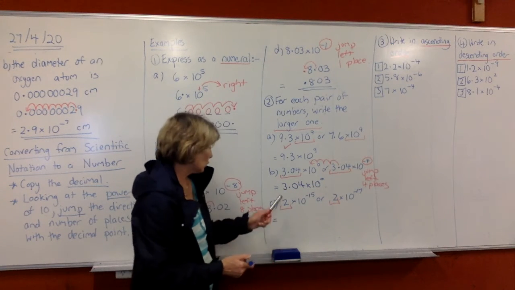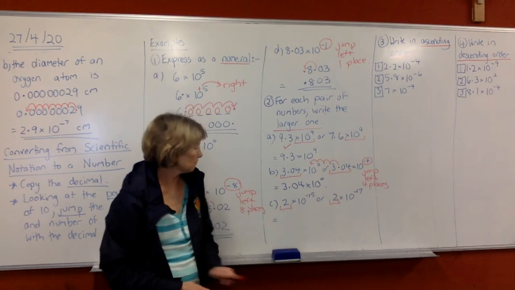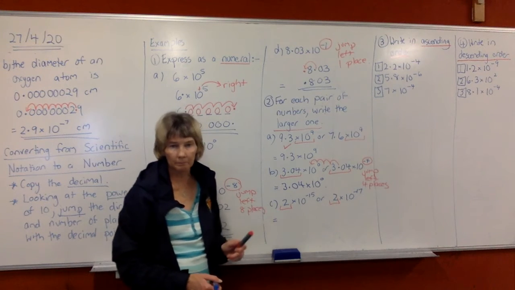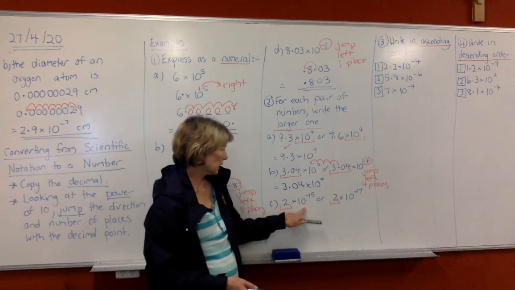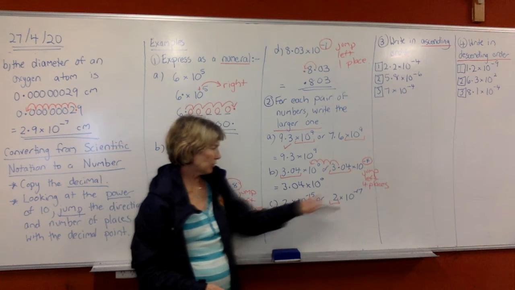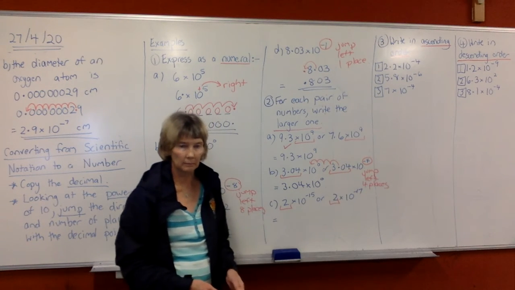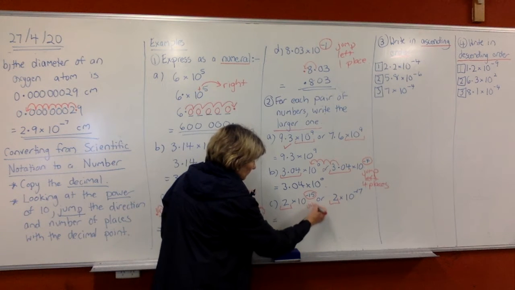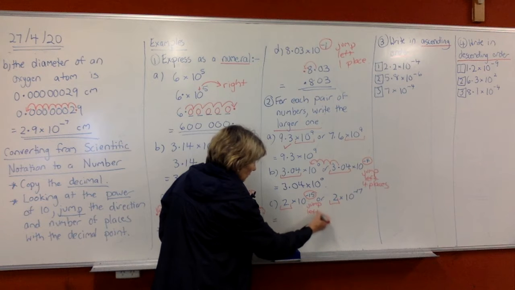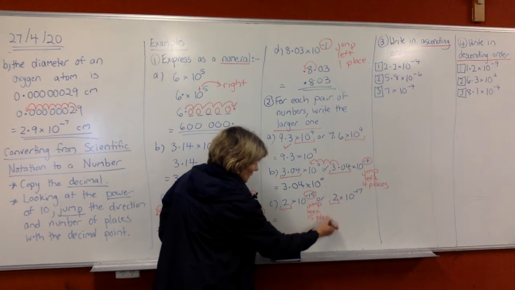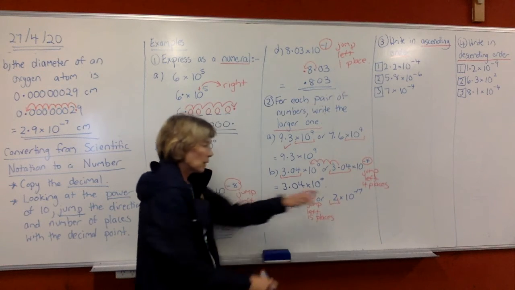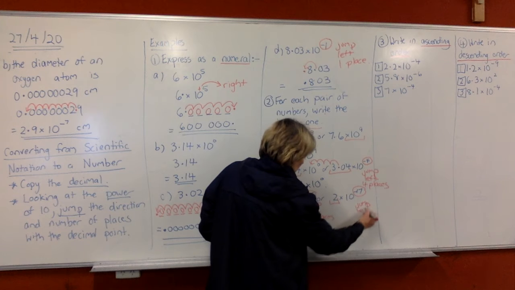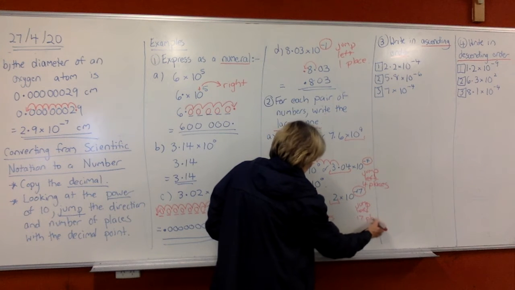Okay, the next one, we have 2 times 10 to the power of minus 15 and 2 times 10 to the power of minus 17. They both have a 2 in them, so you can ignore that part, and let's just look at the other bit. This is 10 to the minus 15, and this is 10 to the minus 17. This is telling you we're going to jump left 15 places. And this one is telling you that you're going to jump left 17 places.